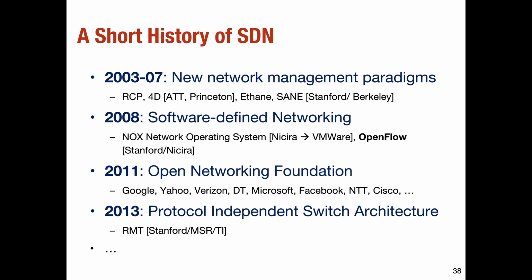And around 2013, the protocol independent switch architecture idea came out, and we'll talk about it in more detail as we move forward. But the key idea was that before 2013, people had made all the innovations in the control plane abstractions, but they were still relying on old generation silicon. And it was not really faithful to the new set of abstractions that were out there in the control plane.